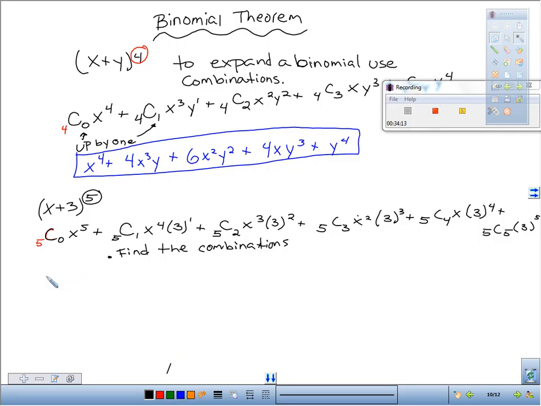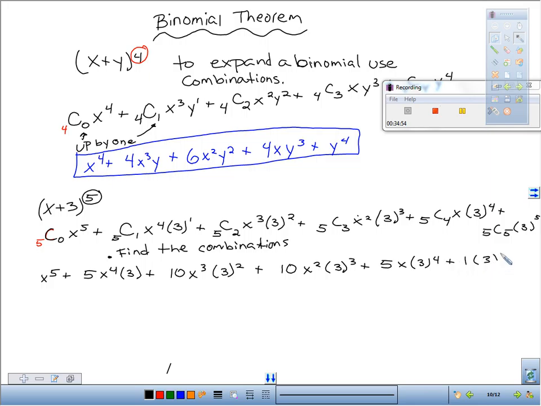So this should be x to the 5th plus 5, x4, 3, plus 10, x3, 3 squared, plus 10 again, x squared, 3 cubed, plus 5, x, 3 to the 4th, plus 1 times 3 to the 5th. Any questions over that?